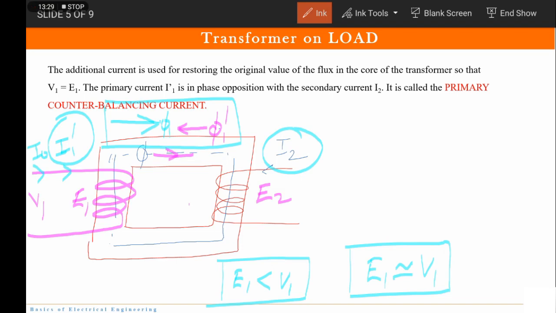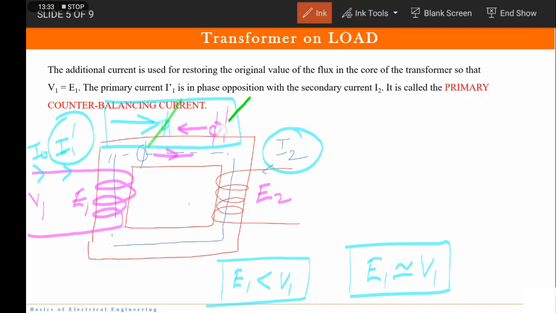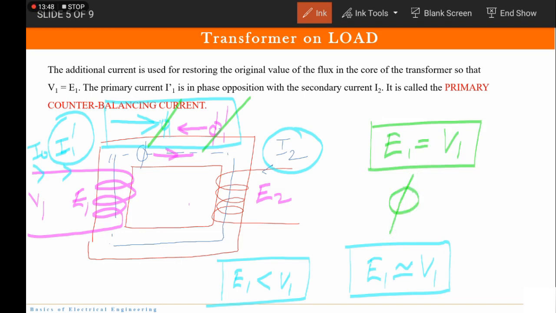After this, E1 again becomes equal to V1. The total flux in the circuit is now phi, which was originally moving through the core.